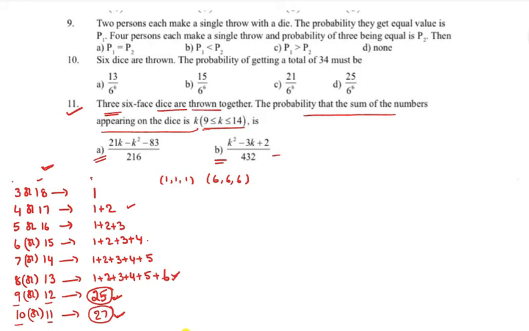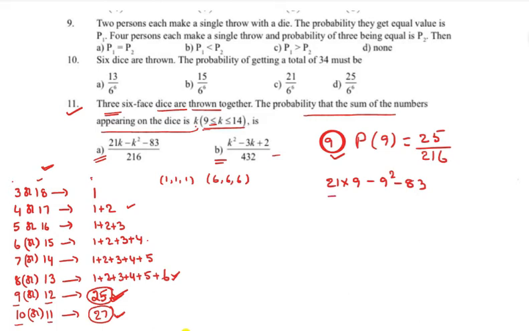Now what I am doing is, the sum of the numbers on the dice is 9 to 14, right? Now I am taking, suppose the sum is equal to 9. The probability of getting a sum of 9 is equal to, you can observe, favorable cases 25 for sum 9, total number of cases 216. Now in the options also put k is equal to 9. So in the option I am putting k is equal to 9: 9 into 189 minus 9 squared minus 83 divided by 216.